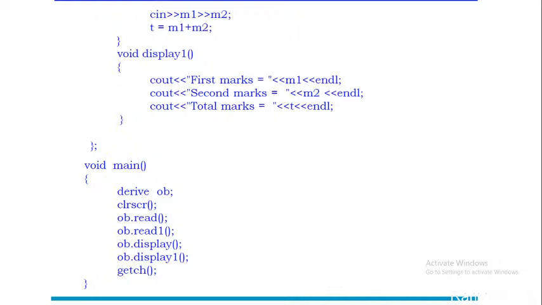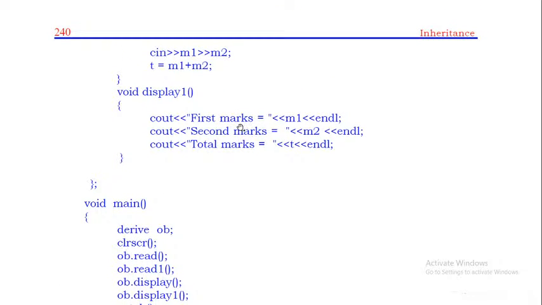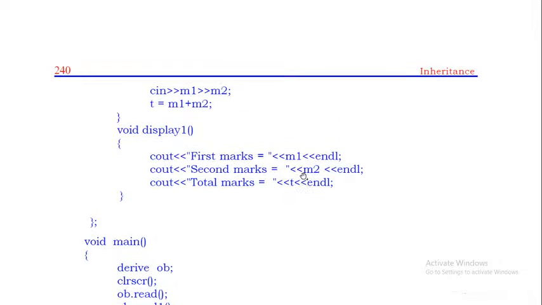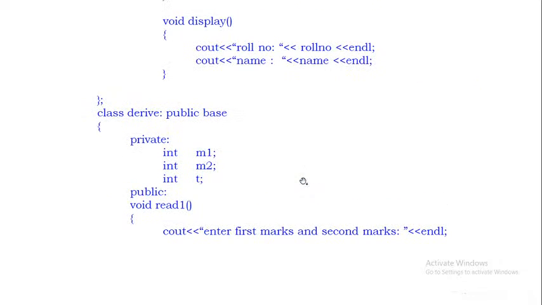See, the main intention of this program is to display the first marks, second marks and total marks of the students. That's why I am taking one derived class. All of you know the derived class syntax: derived class name, public, this is a visibility mode, and base class name.